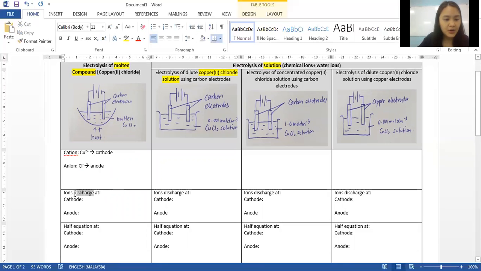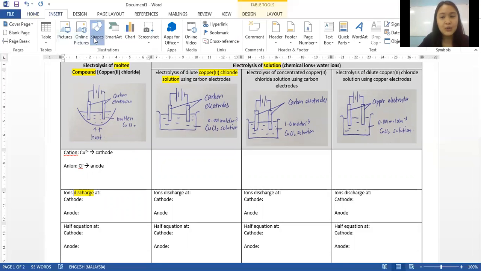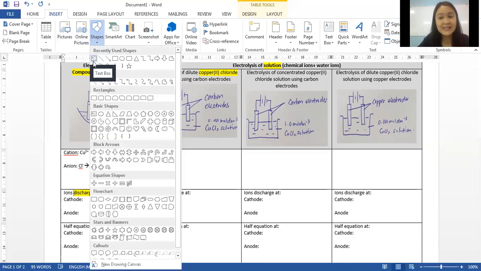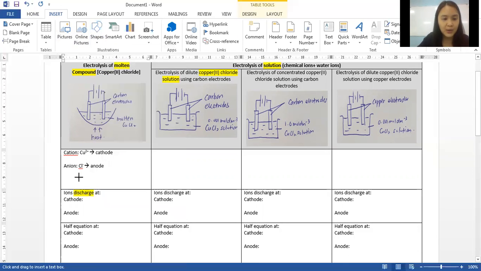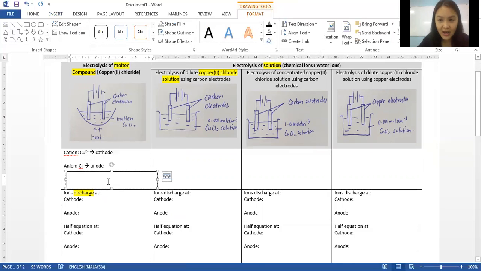Now, many students do not understand what is the meaning of discharge. If you look at the word itself, discharge means you are removing the charge. And you either remove your charge by accepting electrons or donating electrons. So we do a quick recap at this time. For ions to discharge, or to remove the charge, like what I mentioned, they either accept or donate electrons.